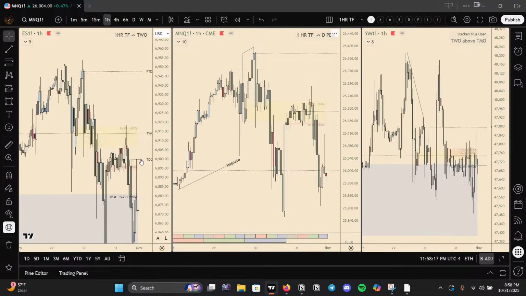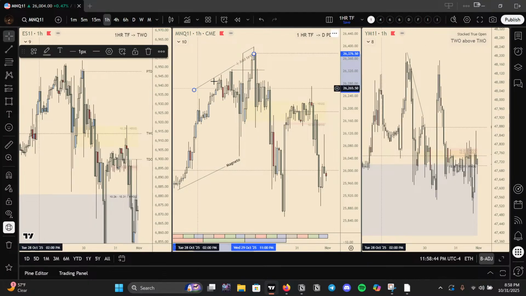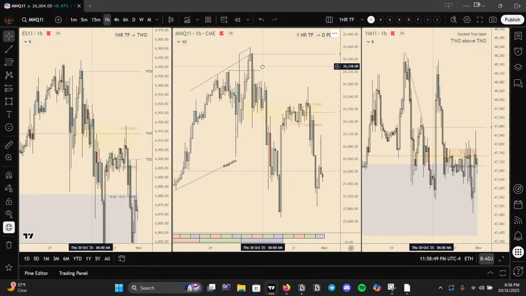A couple of reasons. This sequential SMT was formed without a 1 hour closure. This one was. The only difference is that it doesn't look like it because it didn't trade above. It did close above this high, but what's more important is it closed above all these highs right here, right?